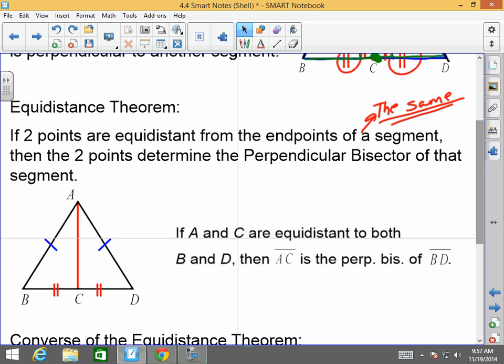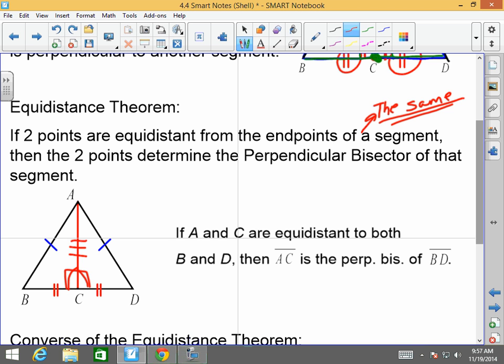Now we can prove it, because if we say AC is congruent to itself, then triangle ACD is congruent to triangle ACB. Then we can say that angle ACB is congruent to angle ACD because of CPCTC. If 2 angles are congruent and supplementary, then we know they're right angles, then boom, that is a perpendicular bisector.